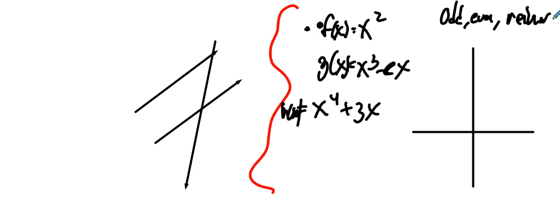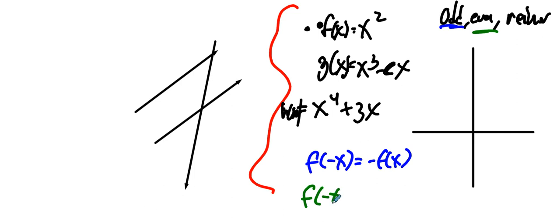So an odd function essentially means that f of negative x is equal to negative f of x. That's an odd function. Now, an even function says that f of negative x is equal to f of x.